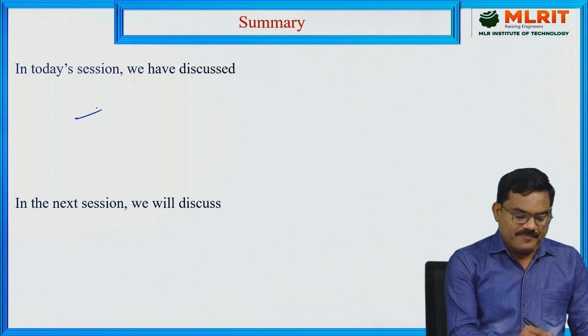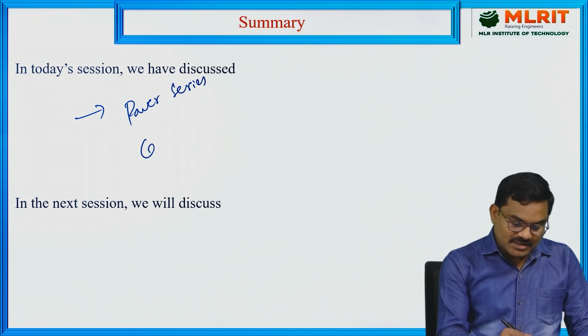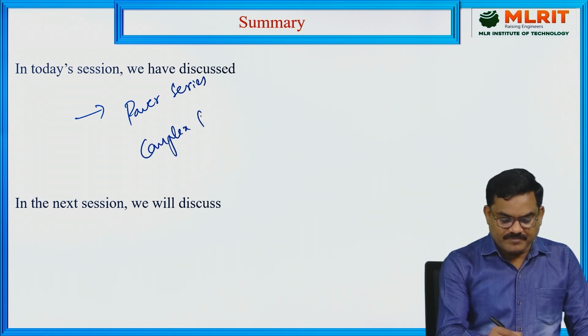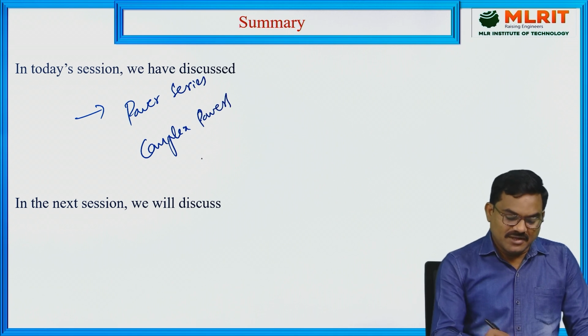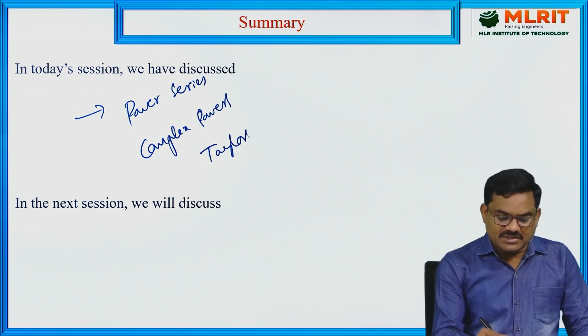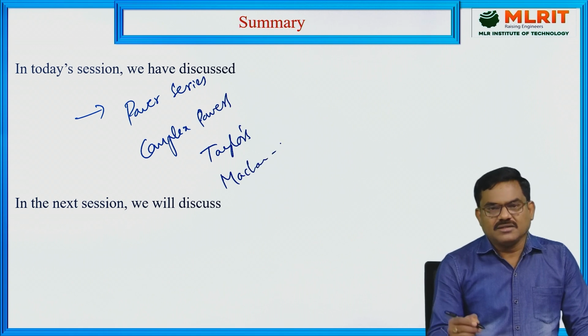So today I have introduced the power series expansions, in particular the complex power series and the methods to find the complex power series. One of those is Taylor's series expansion and then Maclaurin's series expansion.